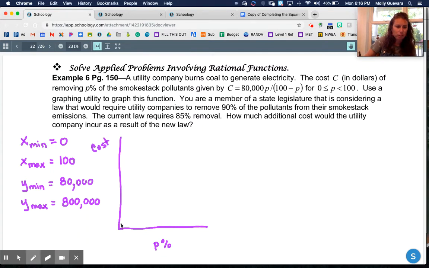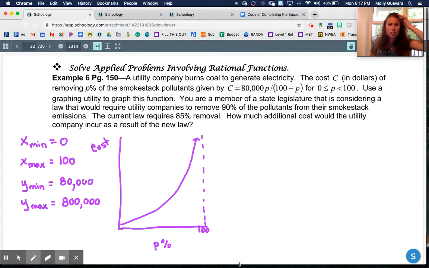So it's doing something like this, more or less. And what ends up happening is I can't have more than 100% of pollutants taken out. So there's a vertical asymptote here at 100. Right? I can't cross over 100%.